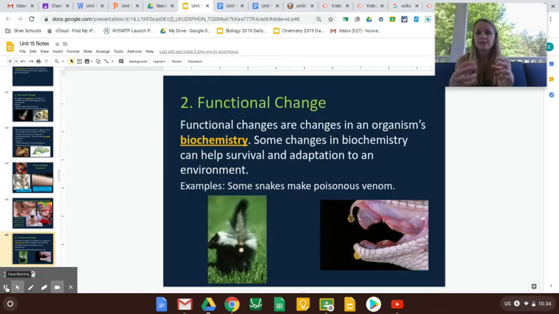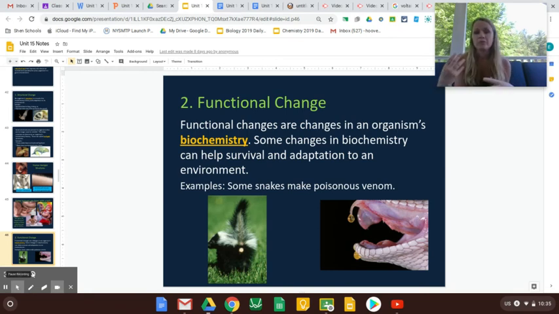So besides actually physically changing your shape and your structure, you can also have functional changes. So the venom inside a snake isn't necessarily a structure, but it's a kind of chemical functional change. So some snakes have poisonous venom. Again, it's not that one snake decided I better grow some poisonous venom that would really help to protect me.